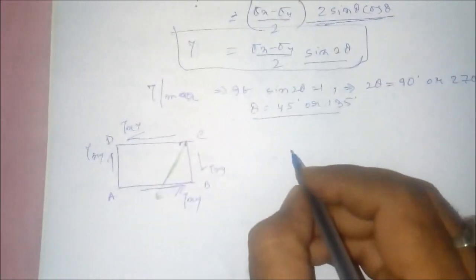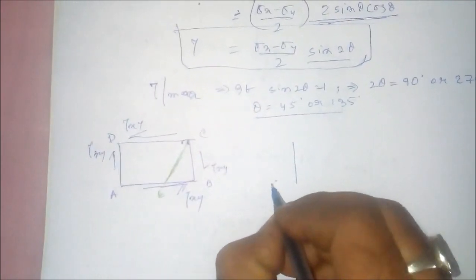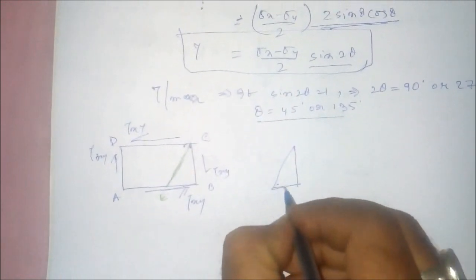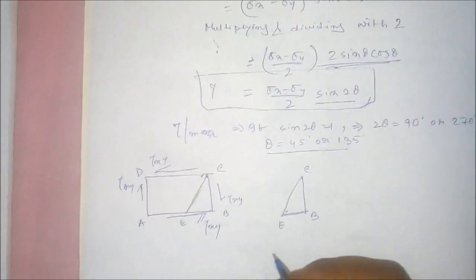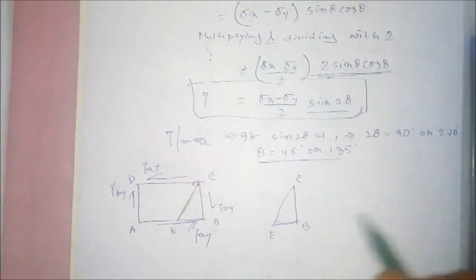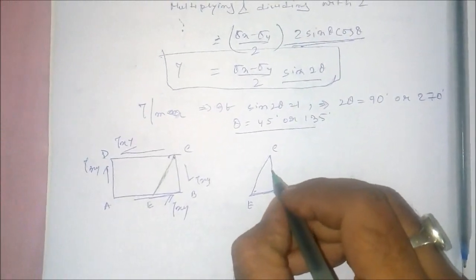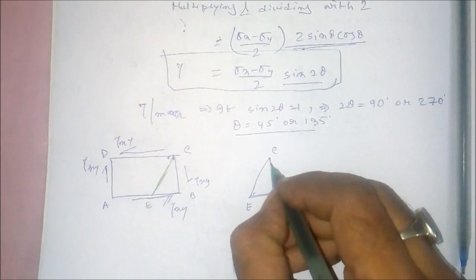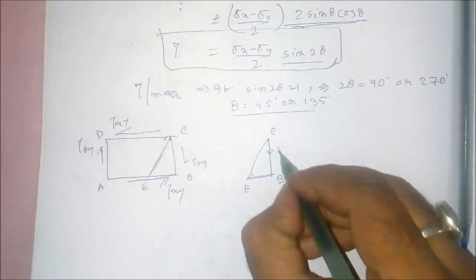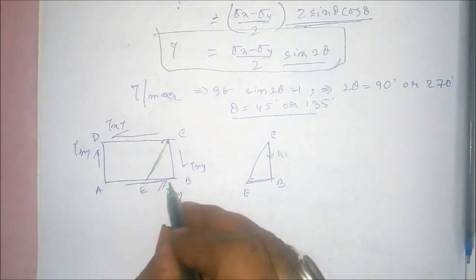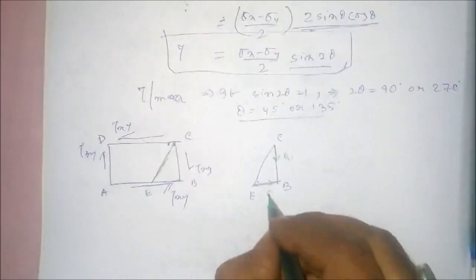To find this out, we can again extract the triangle. In this case, the triangle will be ECB. Now in this triangle, two forces will be there due to the shear forces. One will be acting in this direction due to this tau xy. This will be, suppose, Q1, and due to this tau xy there will be another force, that is Q2, right?